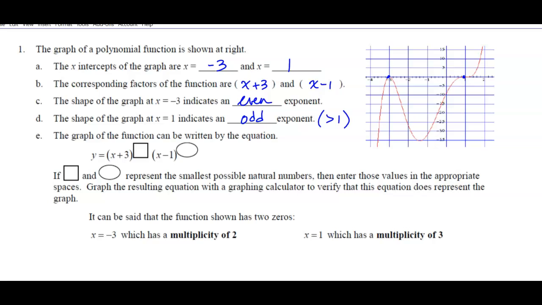Most times when we give this on a test, we'll say use the smallest appropriate degree. For even numbers, 2, 4, 6, 8, 10, we'll use the smallest even, which would be 2. Now we can't use the smallest odd because it does zigzag through there, so that would be 3.